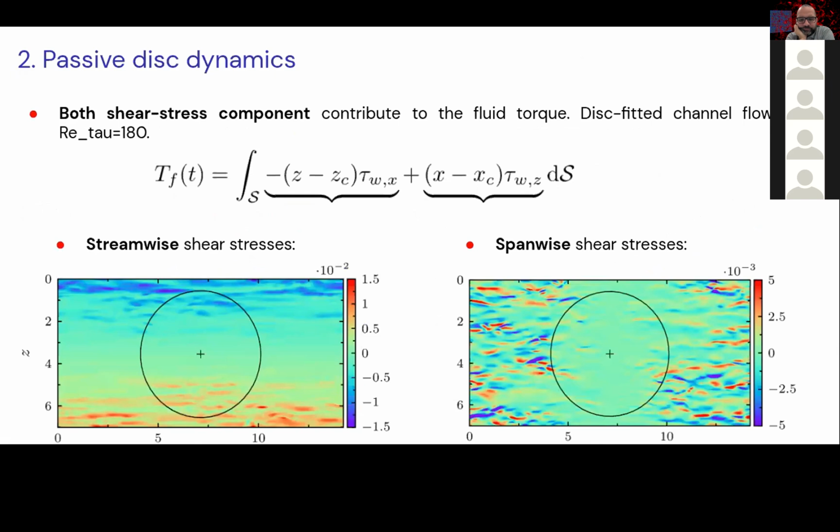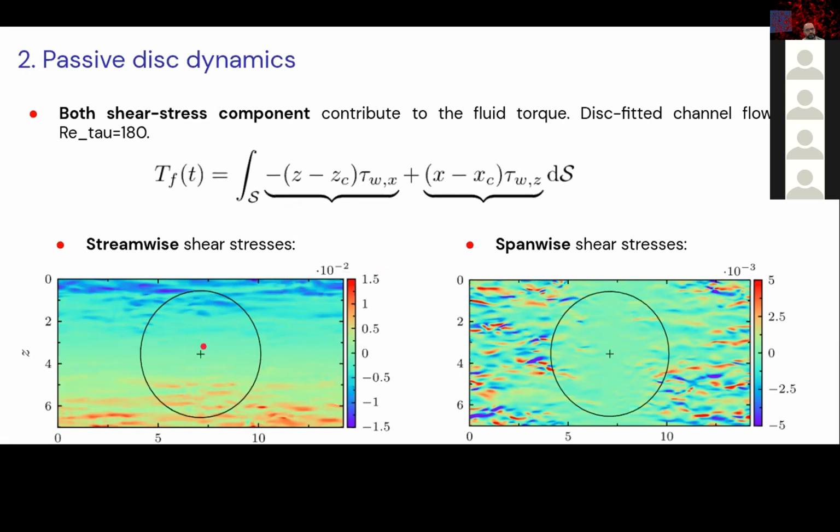This is another view to understand what's happening on the wall. So this is our fluid torque on the upper surface that can be decomposed into the streamwise shear stress contribution and spanwise shear stress contributions. And these are a color map of these two terms. Essentially, you multiply the streamwise and spanwise shear stress by the moment r.